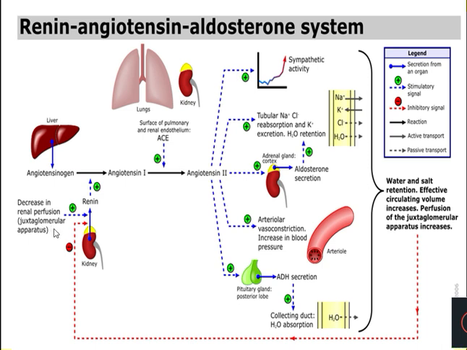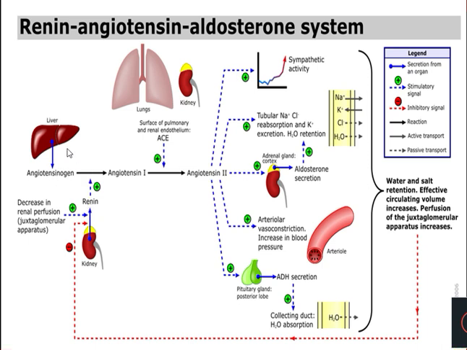So when there is a decrease in renal perfusion, there will be stimulation of the cells of the juxtaglomerular apparatus, and it releases renin. Now, in blood plasma, renin converts angiotensinogen into angiotensin 1. Where is angiotensinogen coming from? Liver, but it is there in the blood plasma. So renin converts angiotensinogen into angiotensin 1.